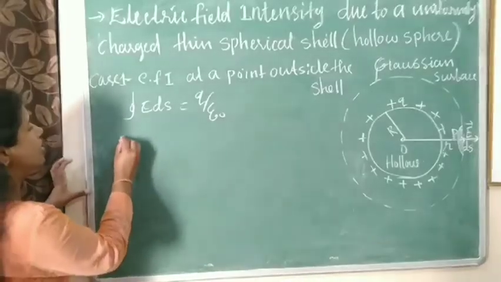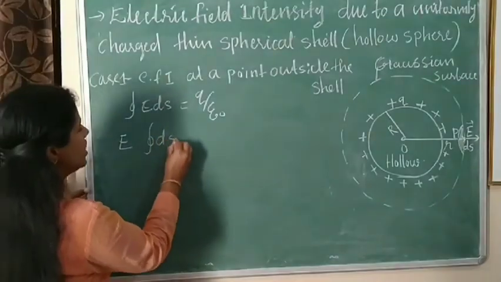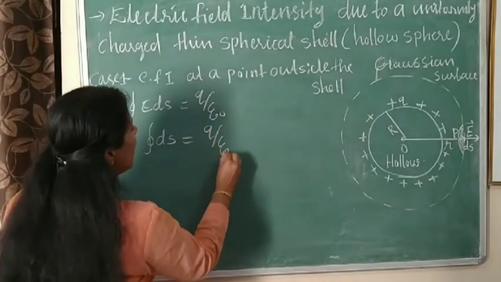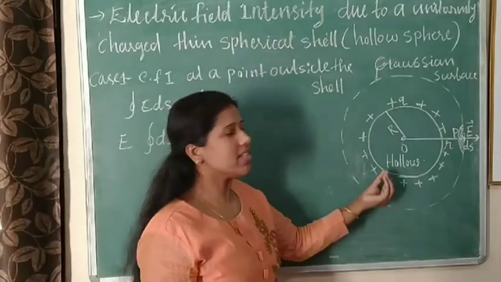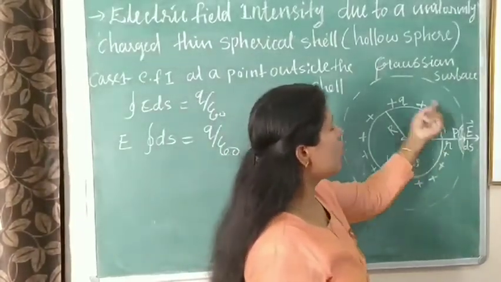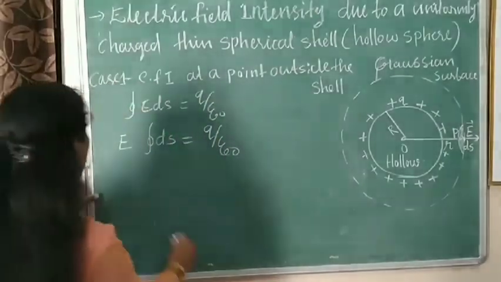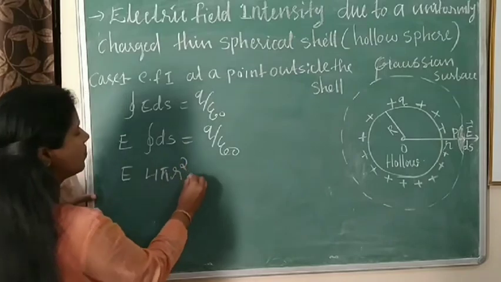We can take E outside the integral: E into closed integral ds is equal to q by epsilon naught. Integral ds means the surface area of this Gaussian surface, that is 4 pi r square.